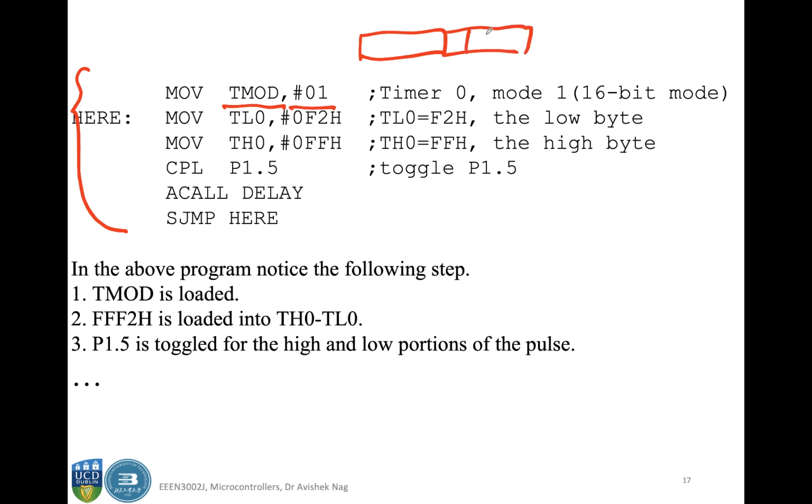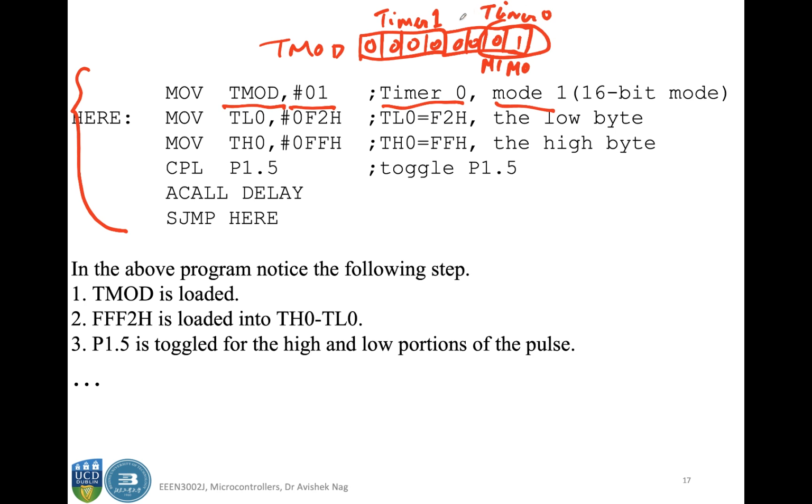The least significant 4 bits are for timer 0, and the most significant 4 bits are for timer 1, and among those, these are the bits that set your mode. So if you focus on this part, M1 and M0 is 0, 1. So you are choosing timer 0 for mode 1.